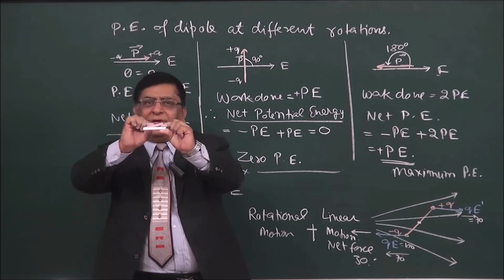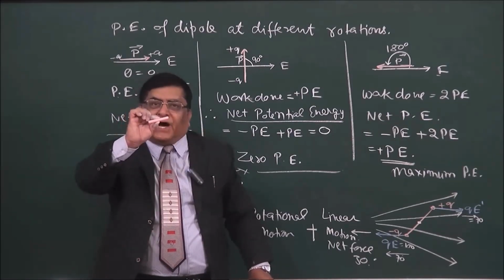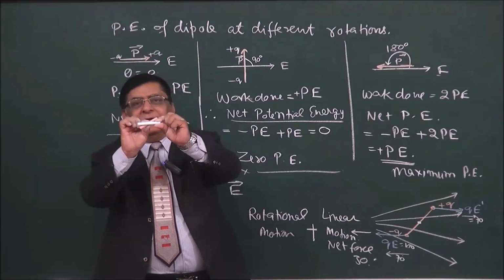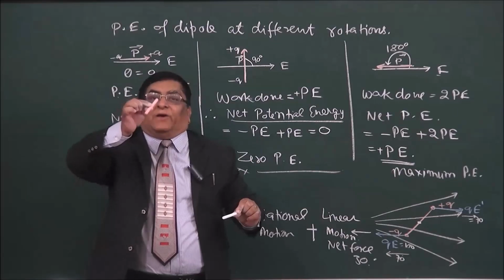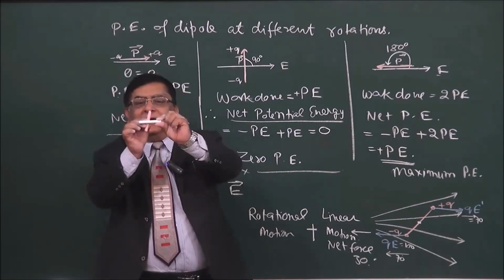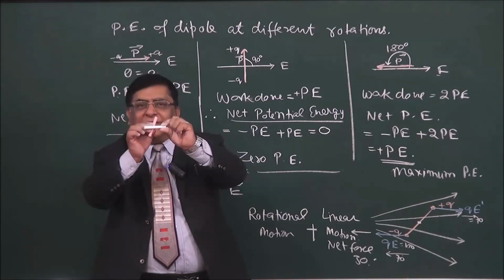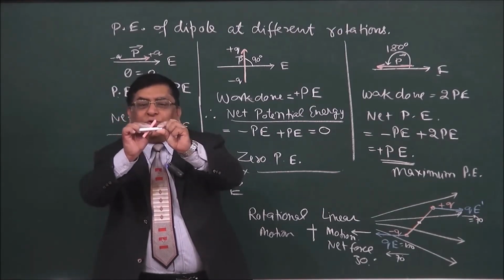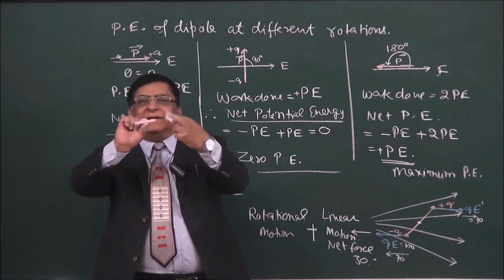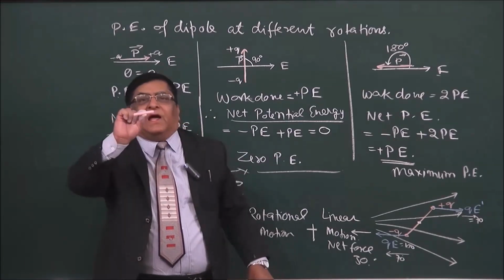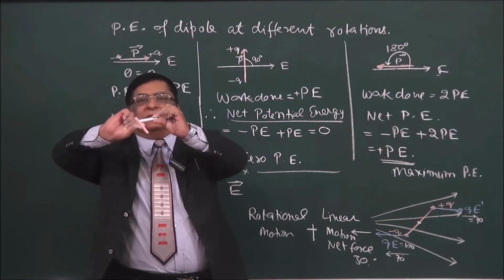It will come back because of the torque, but when it comes back, due to inertia, it will not stay here. By the time it comes back, it has gathered certain velocity. From here, there is a torque acting on it, and because of that, its velocity goes on increasing. By the time it reaches here, it has gathered certain velocity, and due to inertia of velocity, it will not stay here, it will go like this.